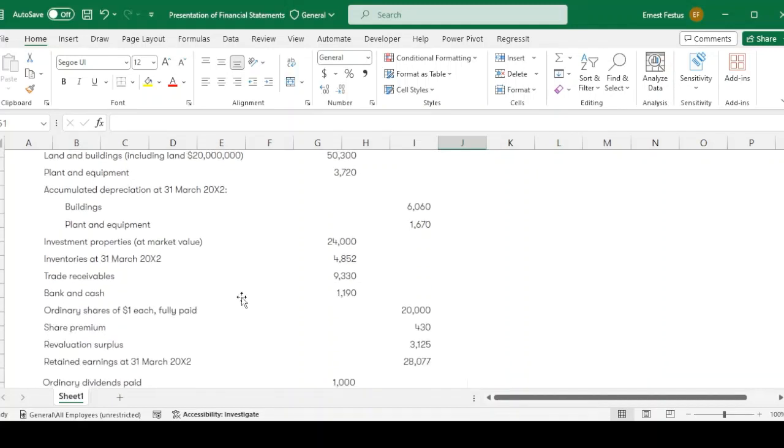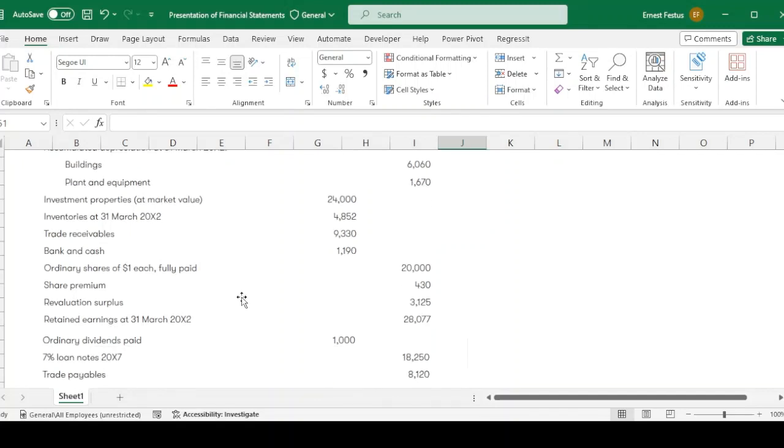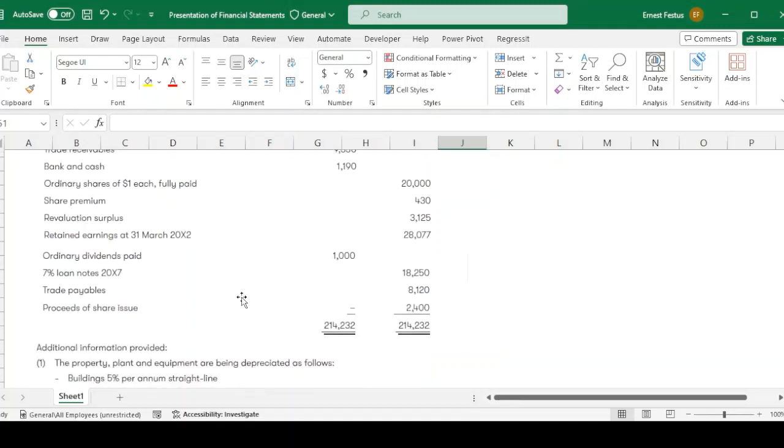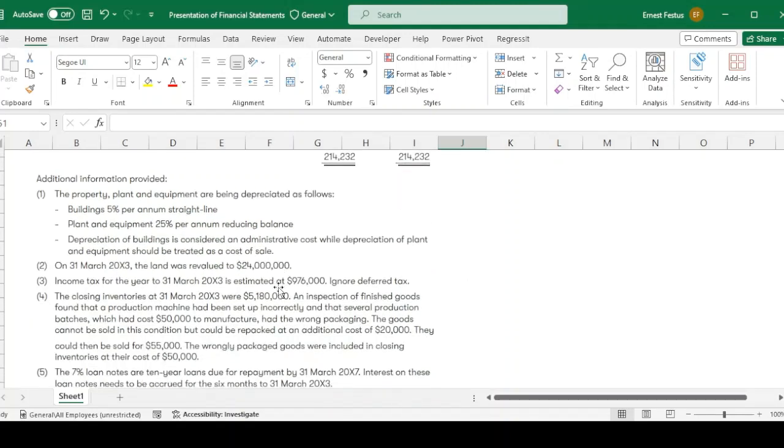We have investment properties at market value, inventories at 31st March, trade receivables, bank and cash, ordinary shares of $1 each, fully paid, share premium, revaluation surplus, retained earnings, ordinary dividends paid, 7% loan notes, trade payables, proceeds of share issue. Alright, so that's the trial balance.